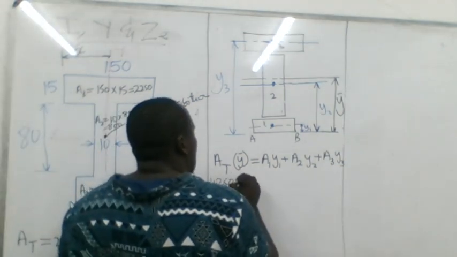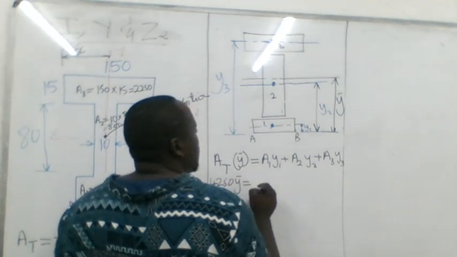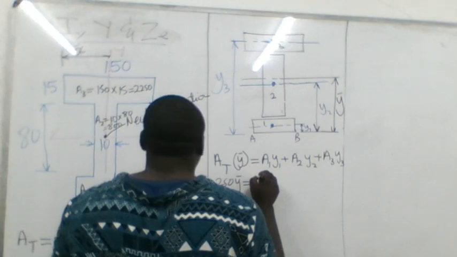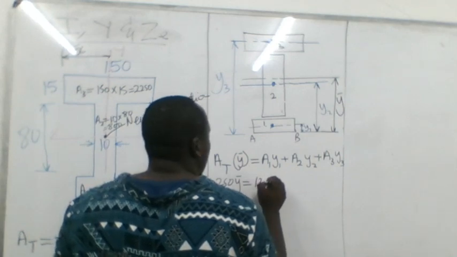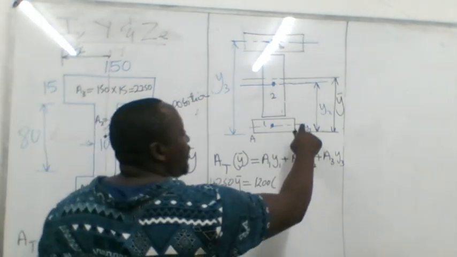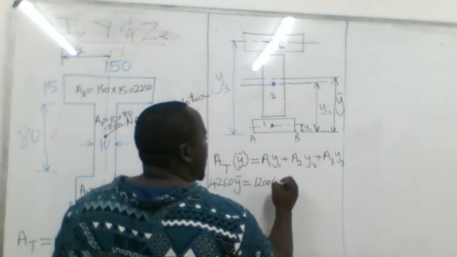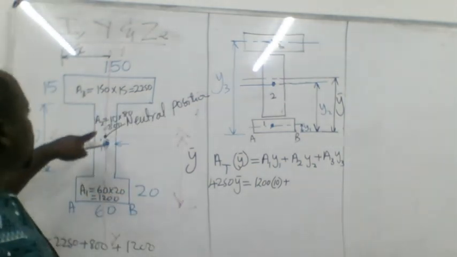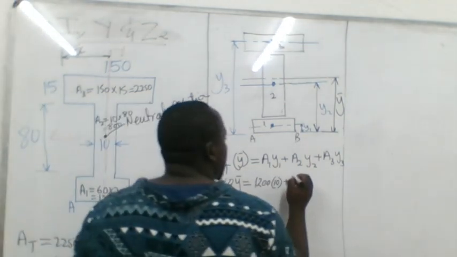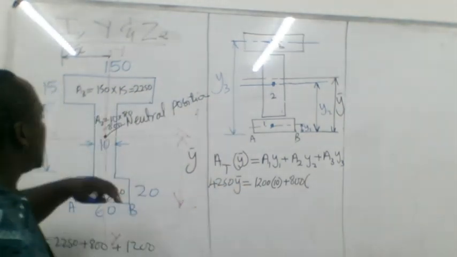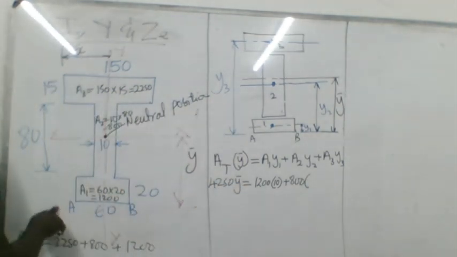So you come, 4250 Y bar is equal to A1, which is 1200, times the half of 20, because it's half height, is 10, plus area 2, which is 800, times the height of this one from B. Everything must be from the base.